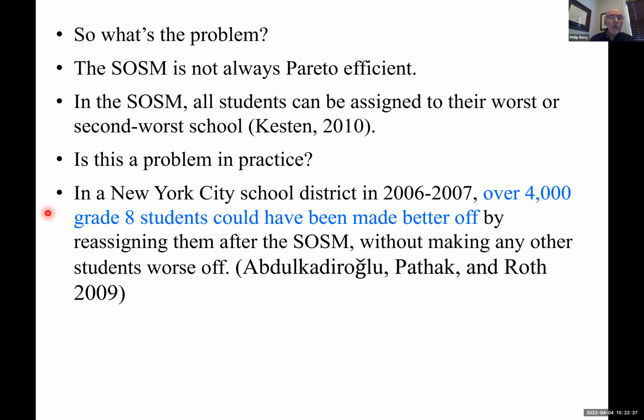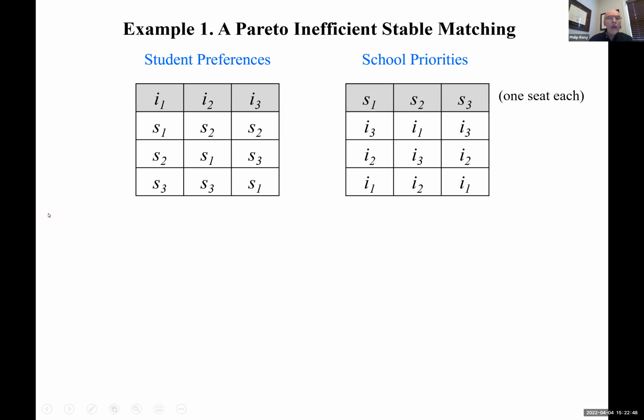So what's going on here? Let's look at an example. What's happening when the student optimal stable match is not Pareto efficient? Why is this happening? Here's an example with 3 students: I1, I2, I3. The schools are S1, S2, S3.